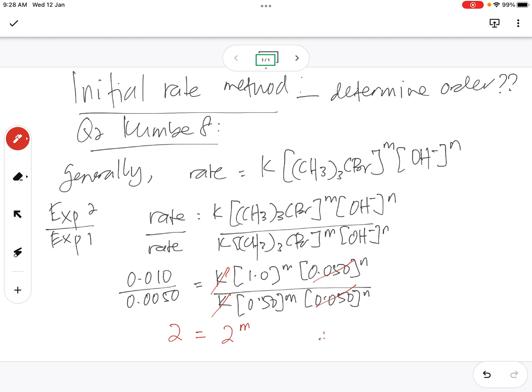That means m equals 1. We say it is first order with respect to (CH3)3CBr.